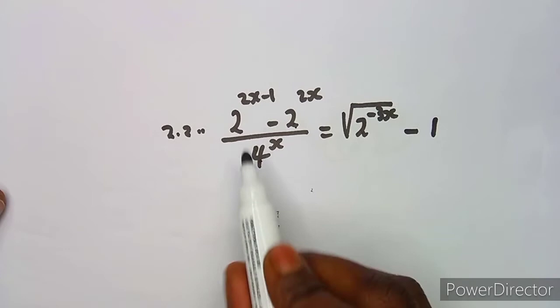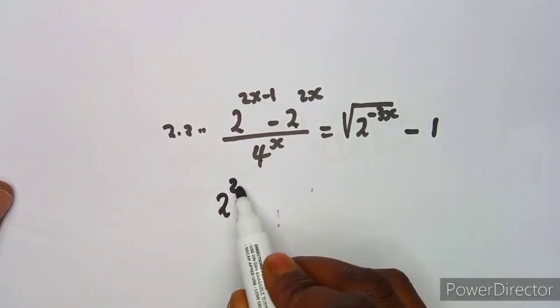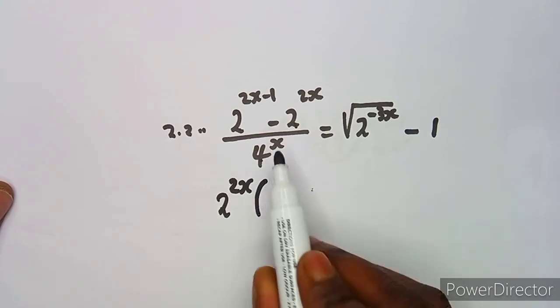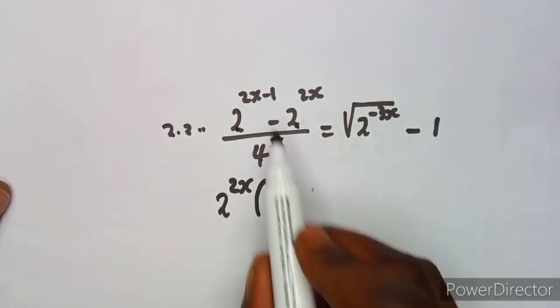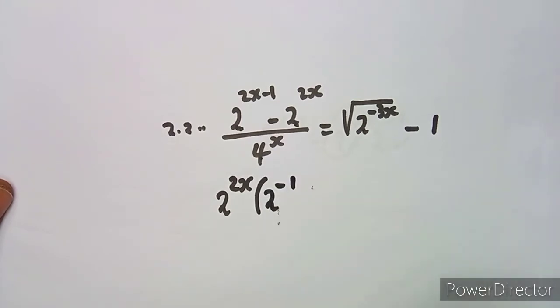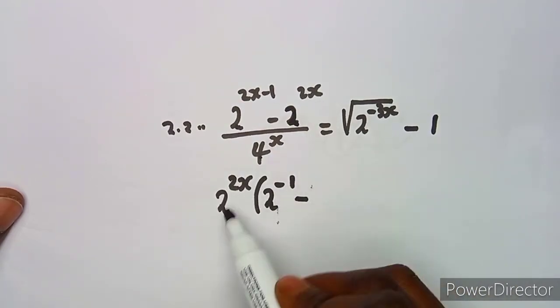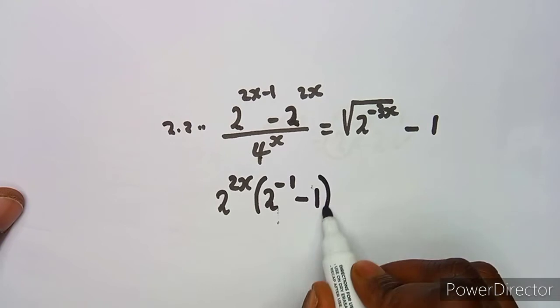Of negative 1. So that means we can factor out 2 to the exponent of 2x, because it's common between these two. And here we are going to remain with 2 to the exponent of negative 1 minus, if I factor out 2 to the exponent of 2x here, from this one I'm going to remain with negative 1, like this.